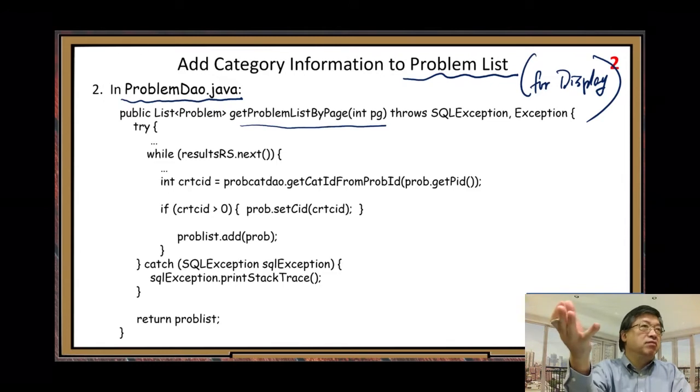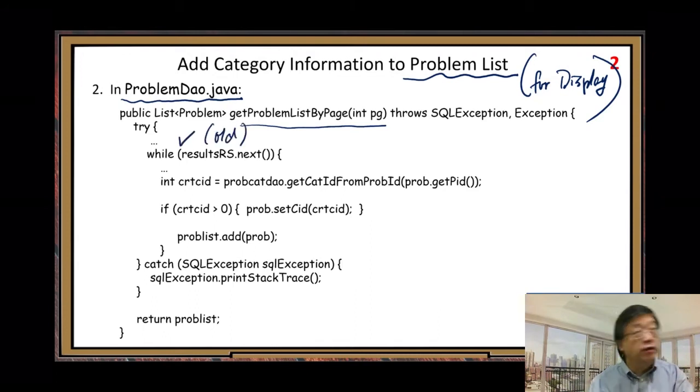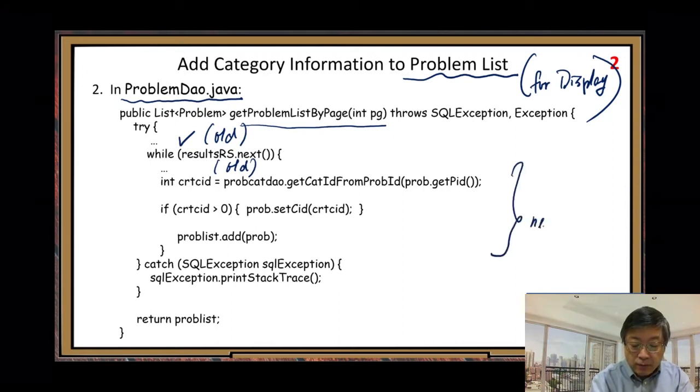We can add this category information. The dot part is the old code, so I do not copy it to save some space. Here also, old code. The new part, these lines, are the new lines we need to add to our old method.